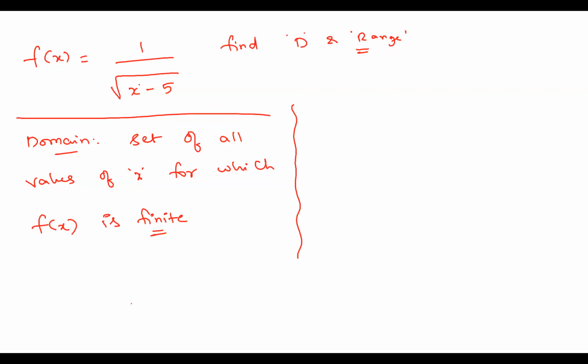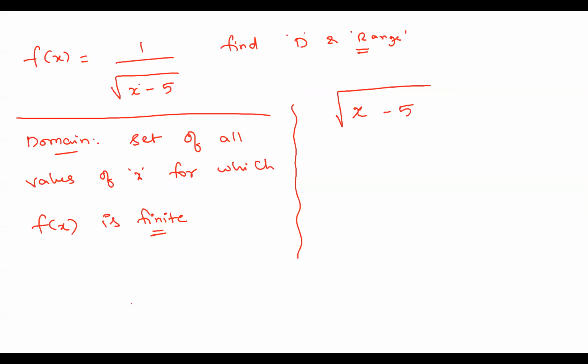If you look at the function, is there a possibility for f of x to generate infinity? When can a function generate infinity? Only when the denominator is 0. So here I need to concentrate only on the denominator. The denominator is square root of something.